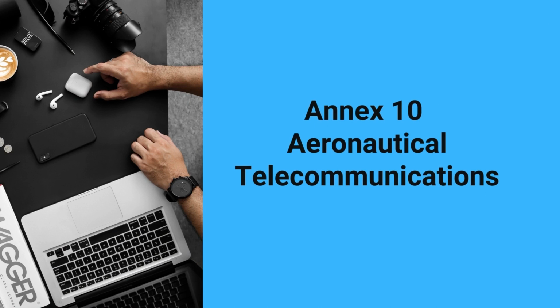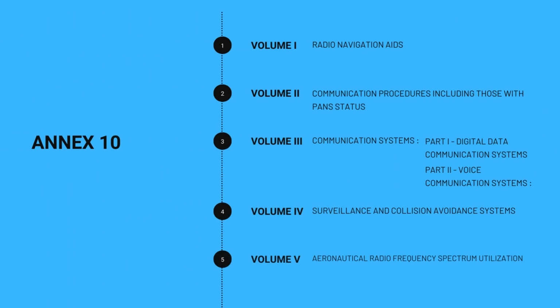Let's talk about Annex 10, which means Aeronautical Telecommunications. This annex is divided into 5 volumes. Volume 1 covers radio navigation aids, volume 2 communication procedures including those with PANS status, and volume 3 communication systems, which is divided into two sections: Part 1 about digital data communication systems, and Part 2 about voice communication systems.